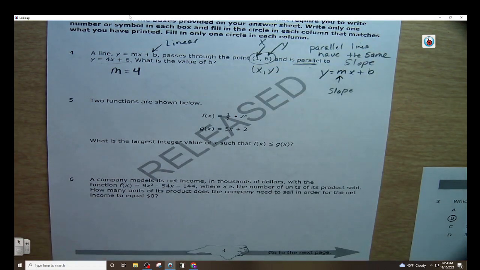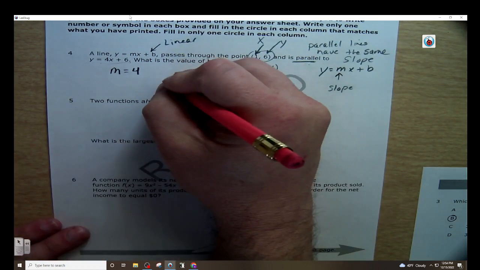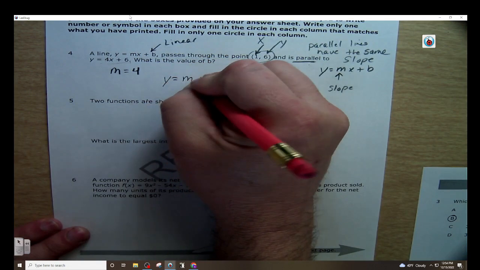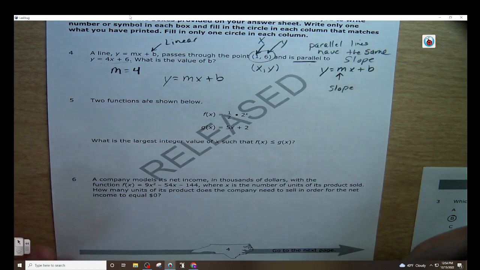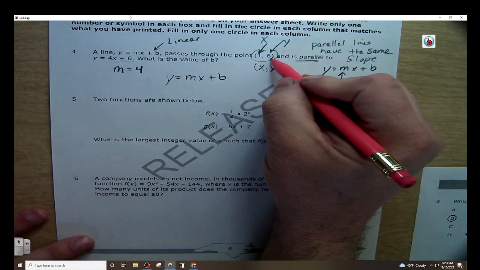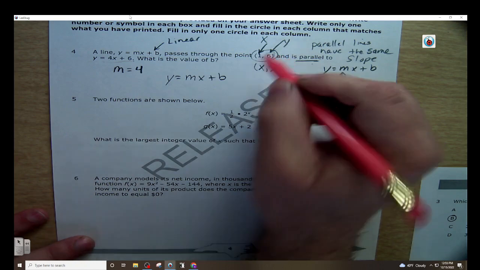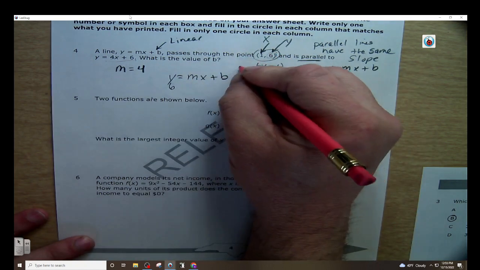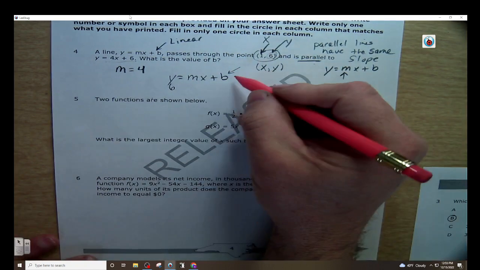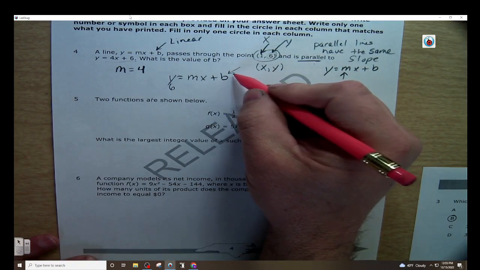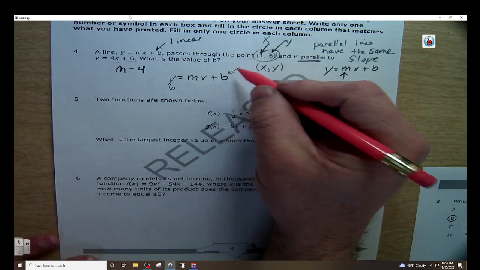Okay. Now, what I'm going to do, y equals mx plus b, and I'm going to fill in everything that I have. Well, first of all, I have a y value they give me. It says it passes through the point 1, 6. So there's my y value. Now, guys, remember, what is the value of b? That's going to be what I'm solving for. So we'll see here in a minute, this is going to get this by itself to solve.